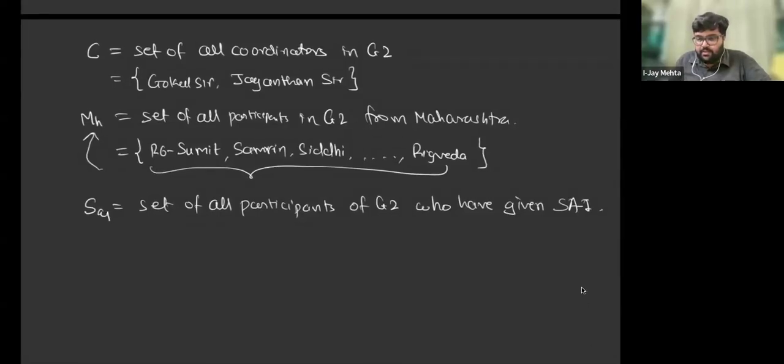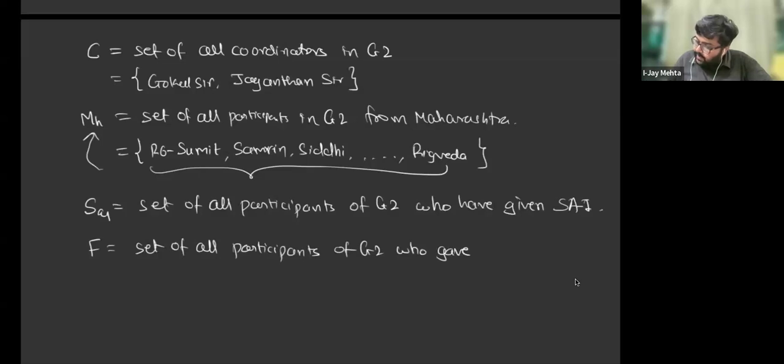Good. So there is another set of all participants of G2 who gave feedback. There was also feedback. Did you see in the MTTS classroom? There was feedback of block 1. There also will be final feedback.